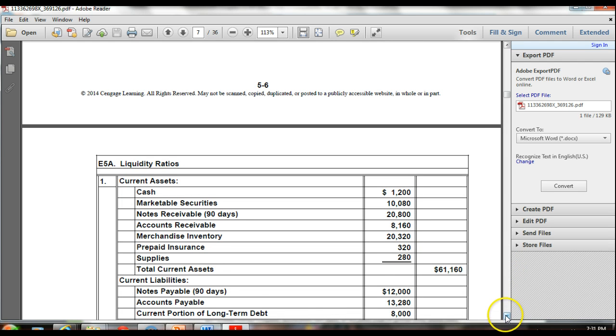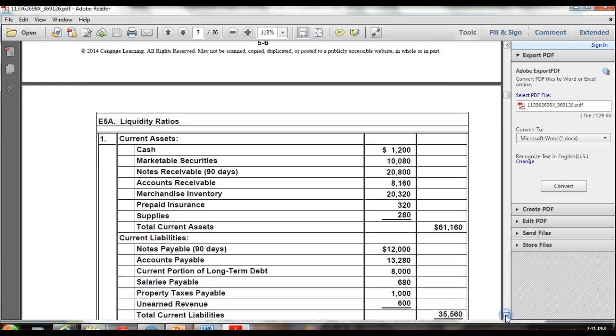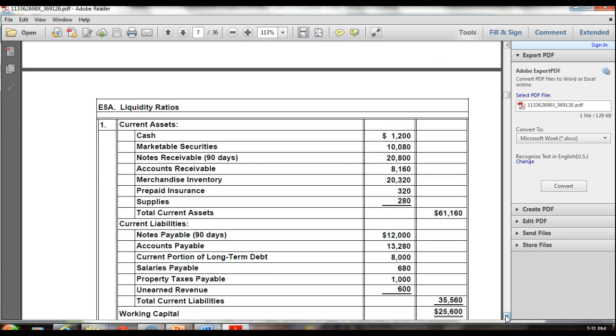So aren't we going to want to take, I'm sorry, in our marketable securities, we didn't talk about this, but not long-term investments, marketable securities that we are exchanging on the market currently.